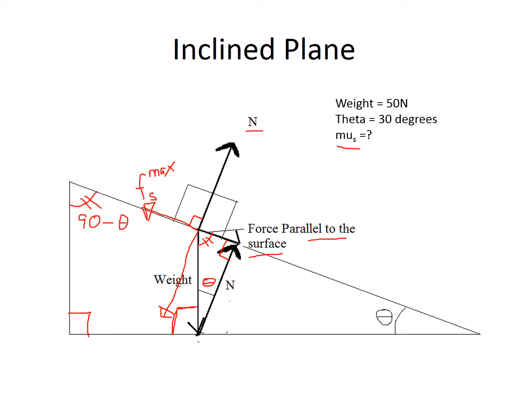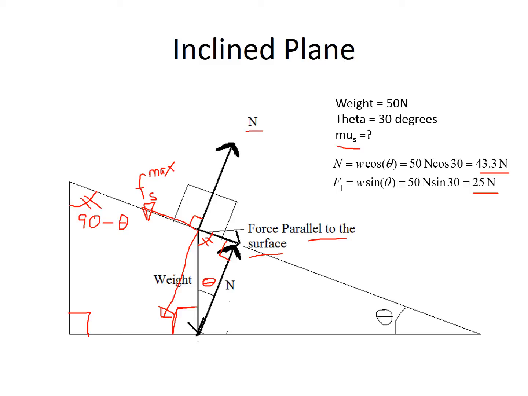So our formula will look like this. The normal force, W cosine theta, 50 newtons times cosine 30 degrees is 43.3 newtons. The parallel component is going to be 50 newtons times sine theta, which is going to be 25 newtons.